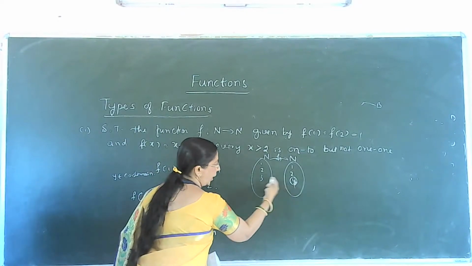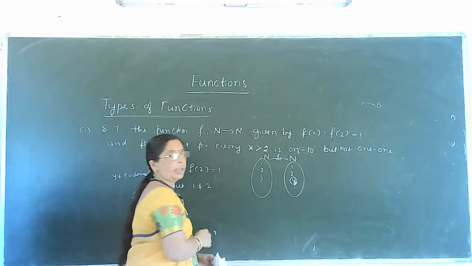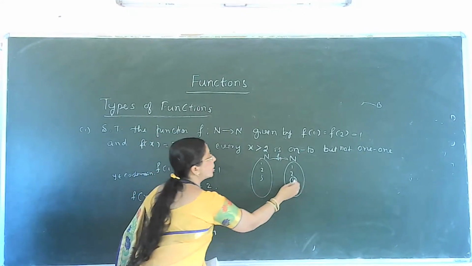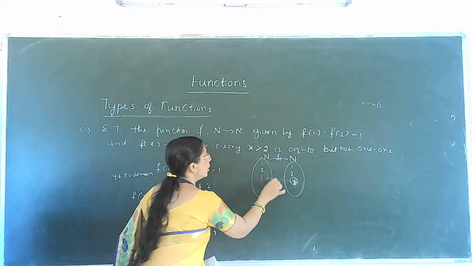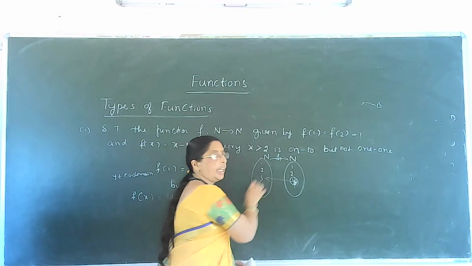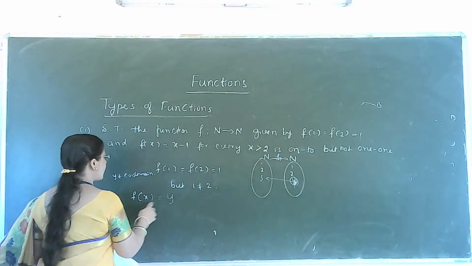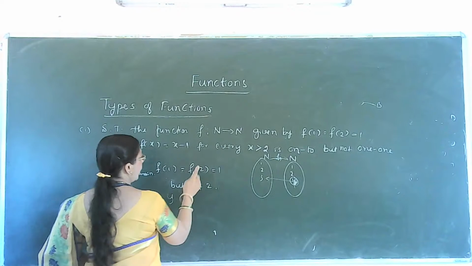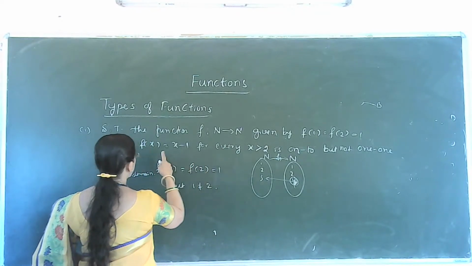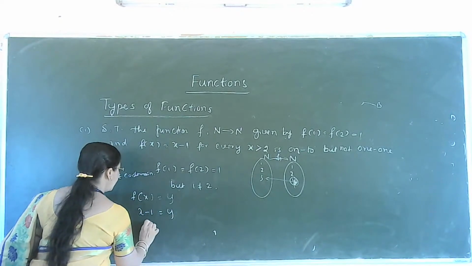We check if there exists any pre-image in the domain. f(x) = x minus 1, which is equal to y.